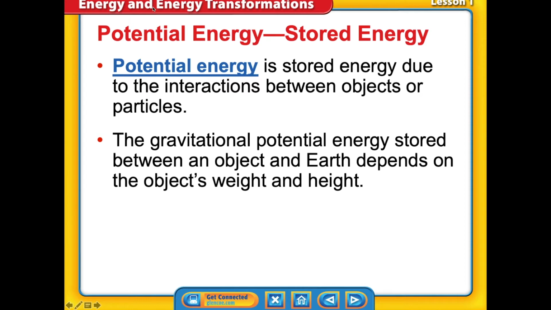This is stored between an object and Earth, and it depends on the object's weight and height. If I'm going too fast for you, just go ahead and hit pause on the video so you can copy this off the screen. Now you need not only the definition of gravitational, but you need an example.